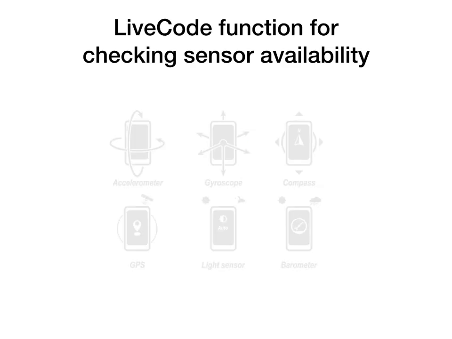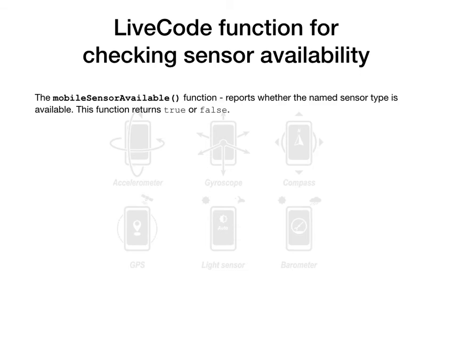So let's talk about LiveCode's language tokens for reading and knowing about the onboard sensors. First of all, there is a function called mobile sensor available that reports whether the named sensor type is available on that device. So it returns true or false.